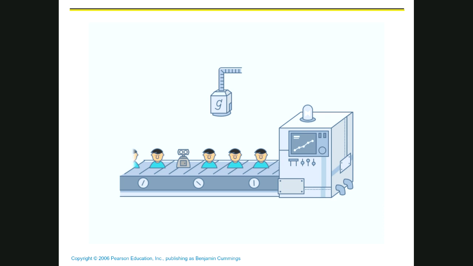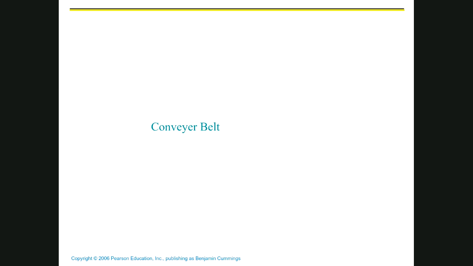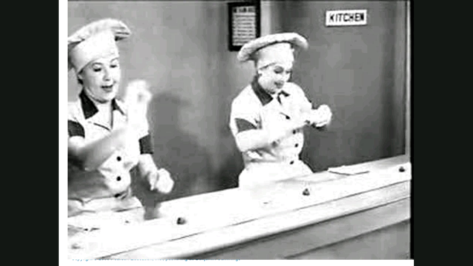It's kind of like this, and if you watch this, you might get a kick out of it. Anybody ever seen the Lucy show, the episode where she and Ethel are wrapping candy with papers? Look, this thing right now is going very slow.